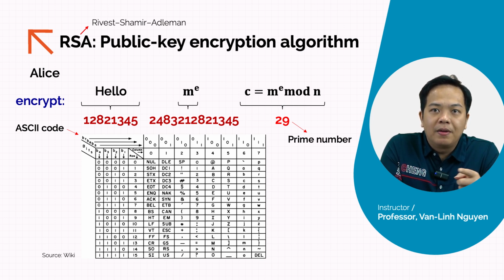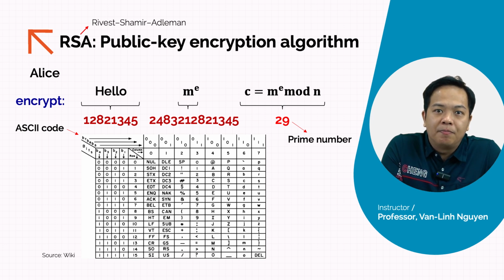After that, you can see hello is changed to a number, and now you go to the modulus and the exponent. You use m to the exponent e, so you first change it to a string of numbers, and after that you use a prime number to calculate the specific modulus.